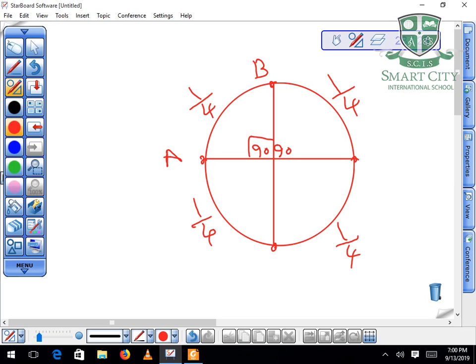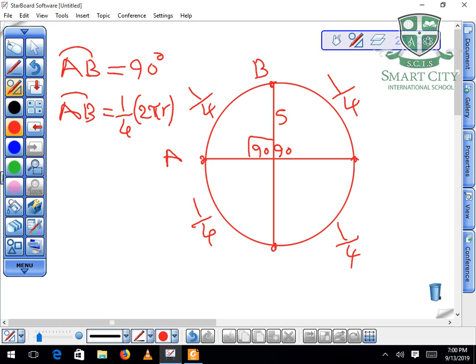If the radius equals 5, what will be the measure of arc AB? Arc AB measures 90 degrees, but the arc AB length equals 1 over 4 of the circumference, which is 2 pi r.